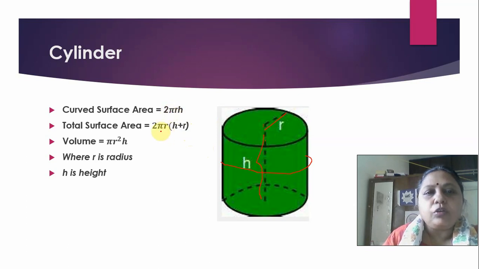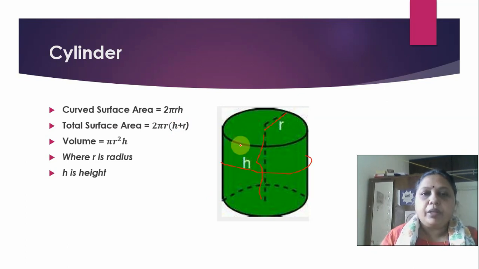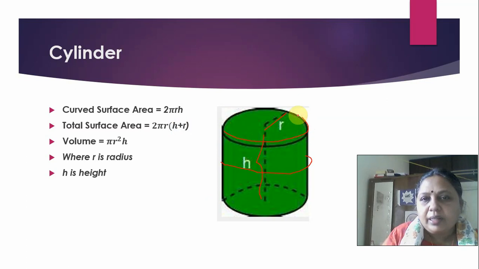So 2 pi r h is the curved surface area of a cylinder. Now what is the total surface area? Total surface area is 2 pi r h plus 2 pi r squared. That is the circular area that we have on the top and the circular area at the bottom. What is the area of this circular surface?